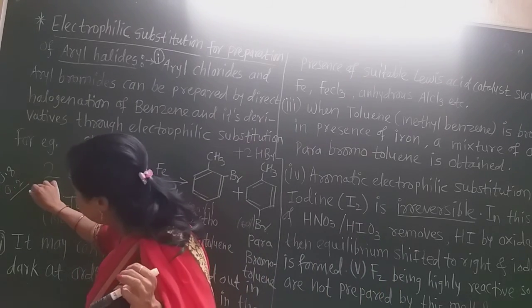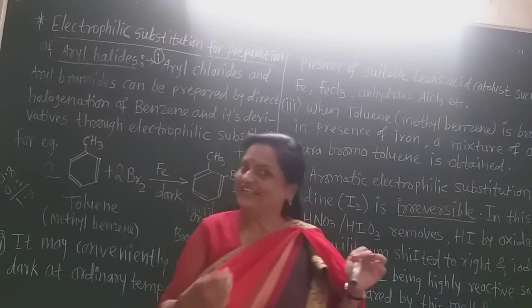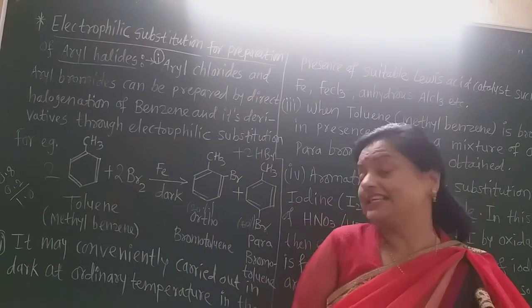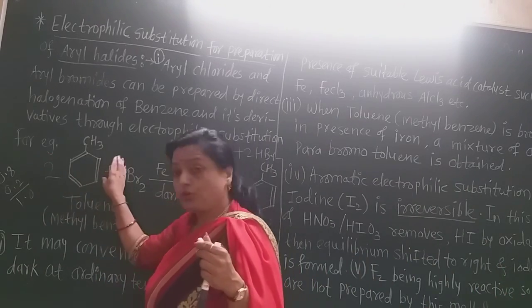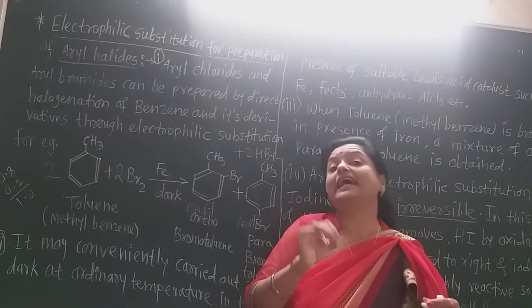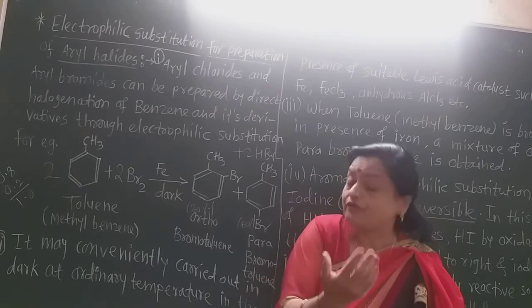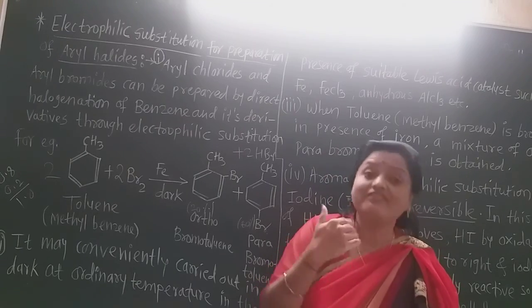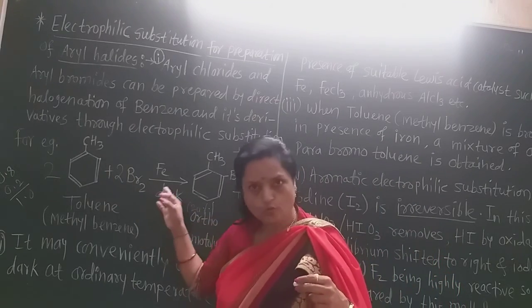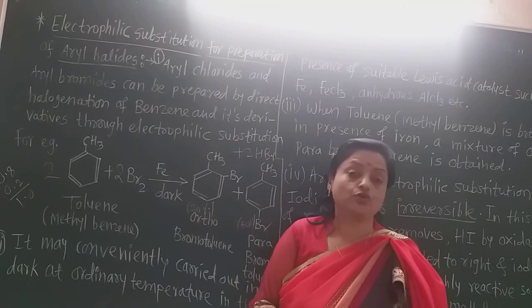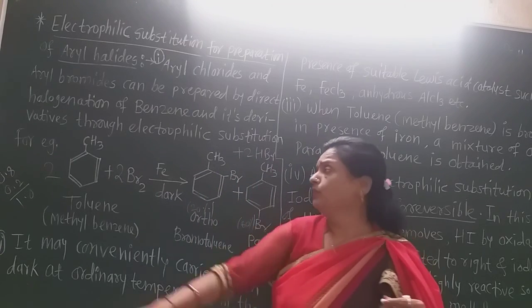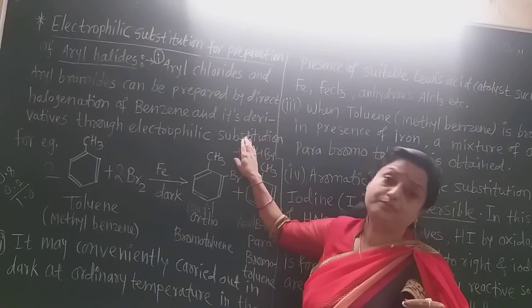What is the total? Now see, 1 is there. That means still that reaction is a correct reaction. Remember that. But for your convenience, so you understand very well, I write here 2 moles and the byproduct is twice HBr. If we take only one molecule, the byproduct is only 1 HBr. Remember that.